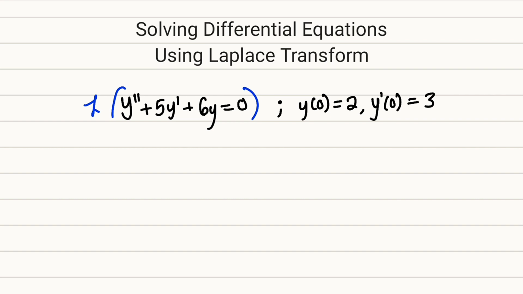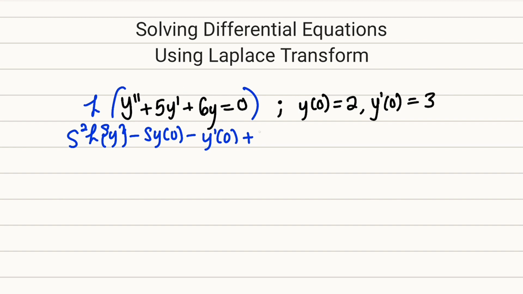Let's start with y double prime. The Laplace transform of y double prime will be s squared multiplied by the Laplace transform of y, then minus, the power of s will reduce, we have s times y of 0, then minus y prime of 0. Then we take the Laplace transform of the second term.